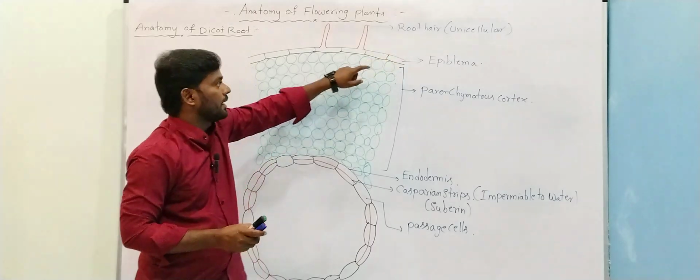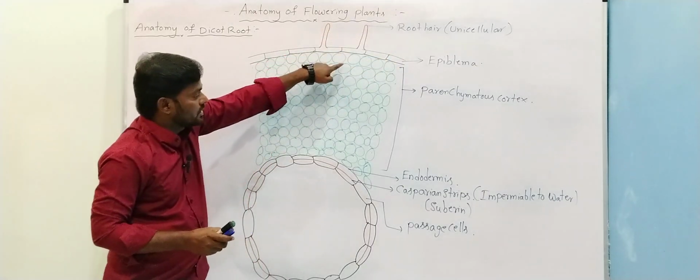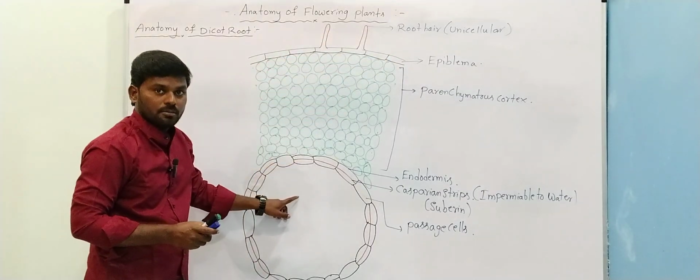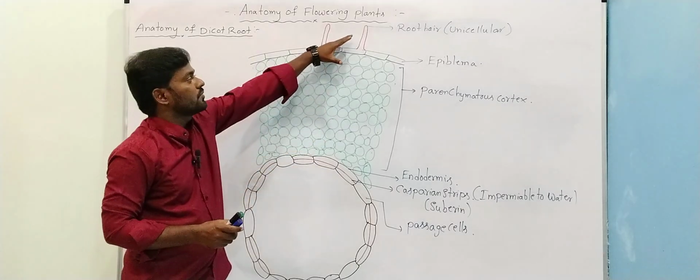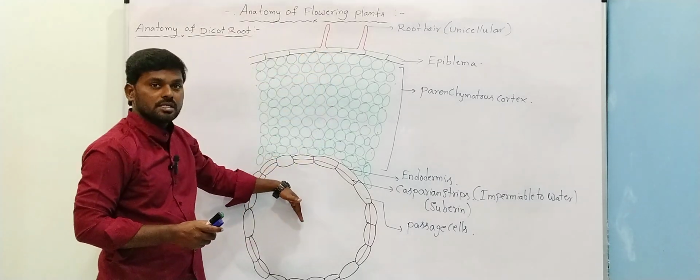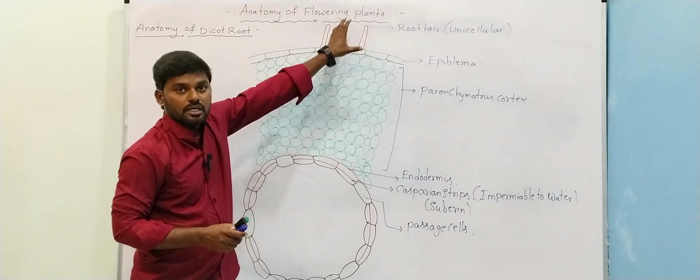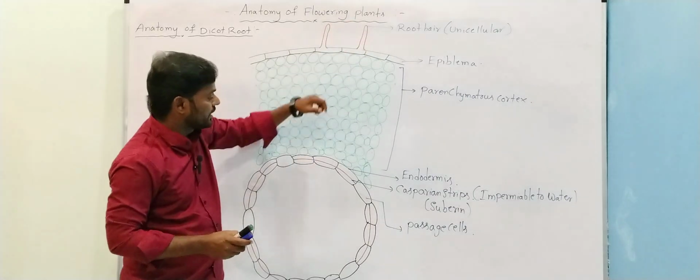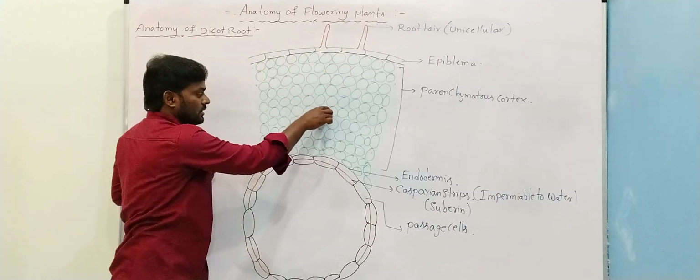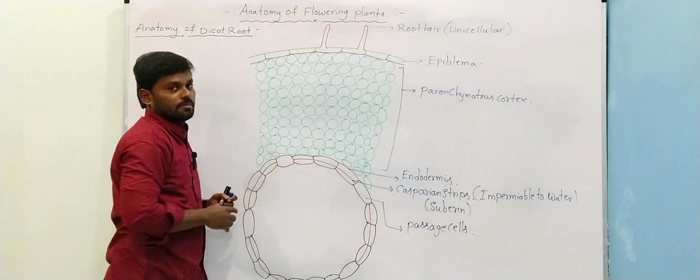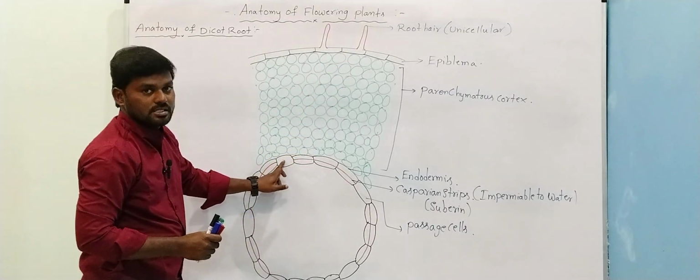So the unicellular root hair absorbs water and minerals from the soil, and next this water enters into the xylem. How is this water going to reach the xylem? Through passage cells.